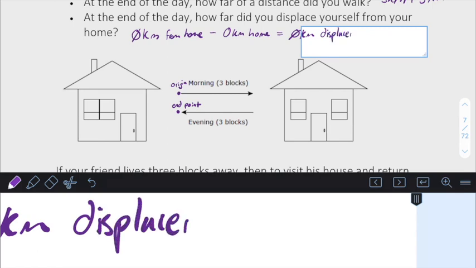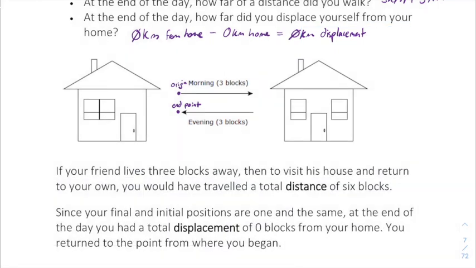Now this is the only time that you don't need to include a direction, because even though displacement is a vector and you should include a direction, you didn't go anywhere. So at the end of the day, you had a total displacement of 0 blocks from your home versus the total distance of 6 blocks.